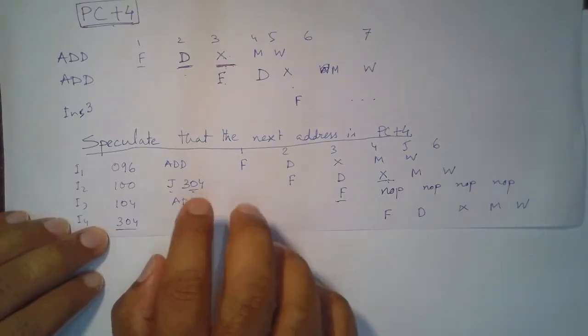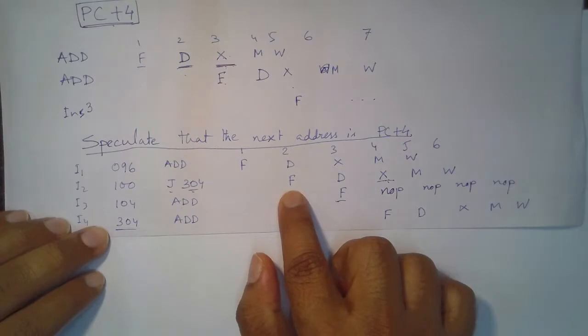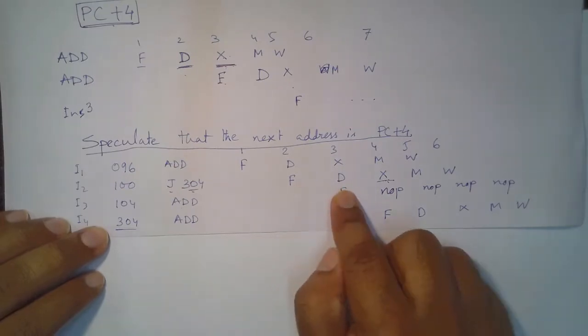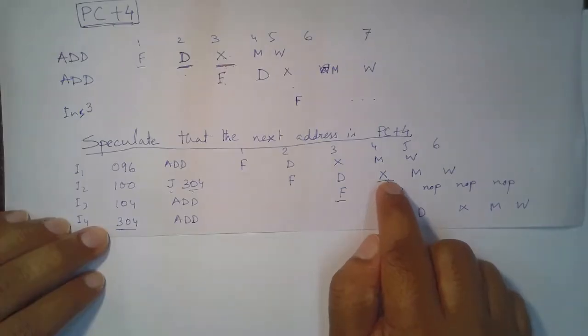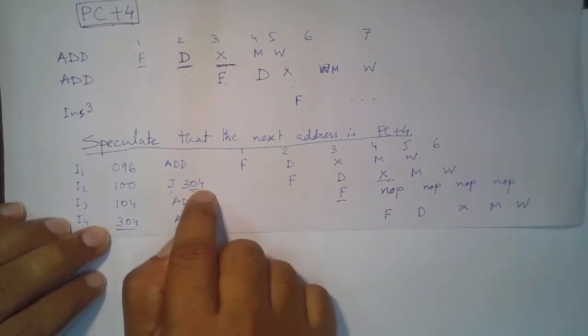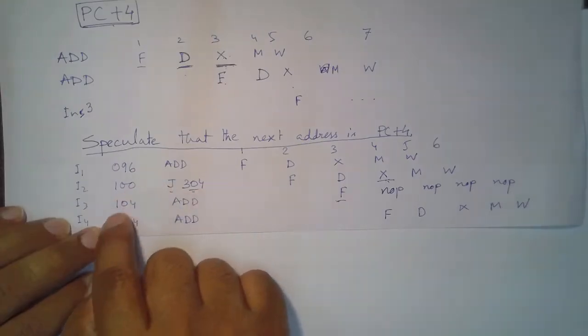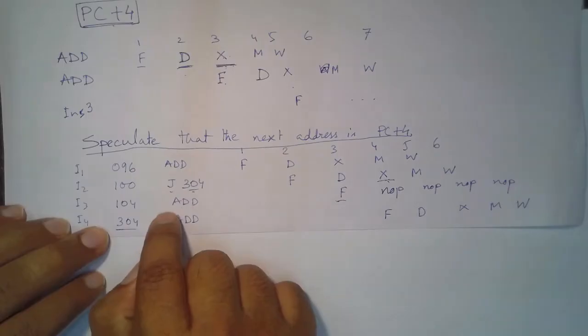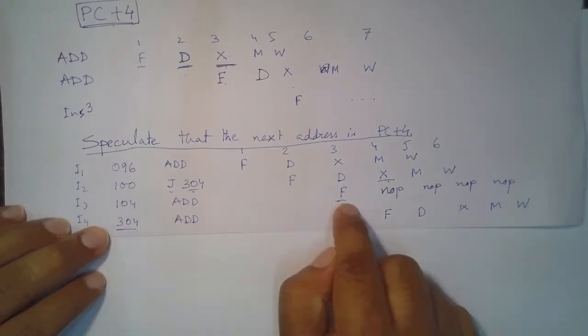Don't worry about the syntax, etc. Then we fetch, decode, and when we execute it, we realize that this is a jump instruction, and the next instruction we need to fetch is from this location, not from 104, which is PC plus 4. But by that time we have already fetched PC plus 4. We have fetched this instruction.